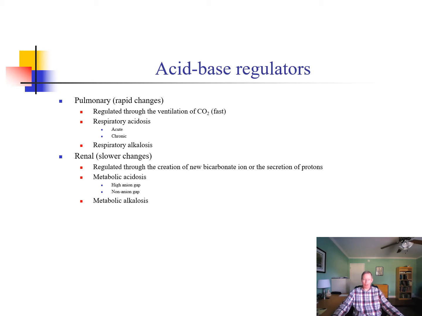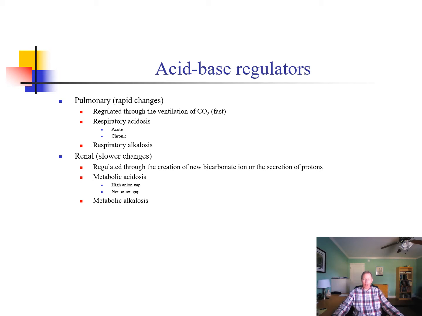And I can either not ventilate and have the CO2 rise, as in a respiratory acidosis, or I can ventilate very quickly. By doing that, I will then have a respiratory alkalosis because that CO2 concentration will drop, therefore the carbonic acid level will drop and you will become more alkalotic.